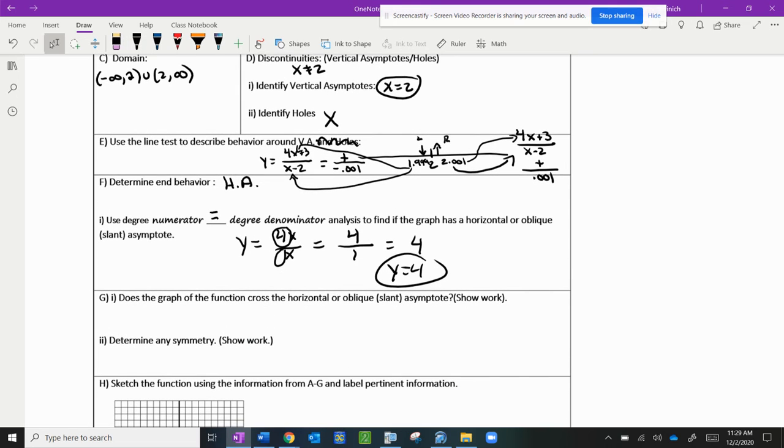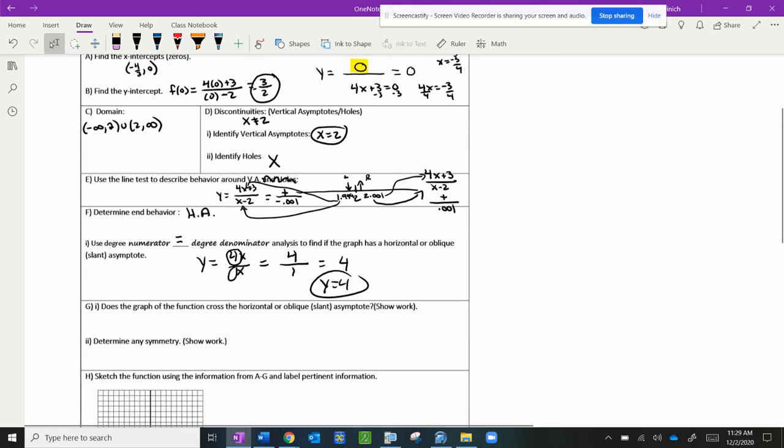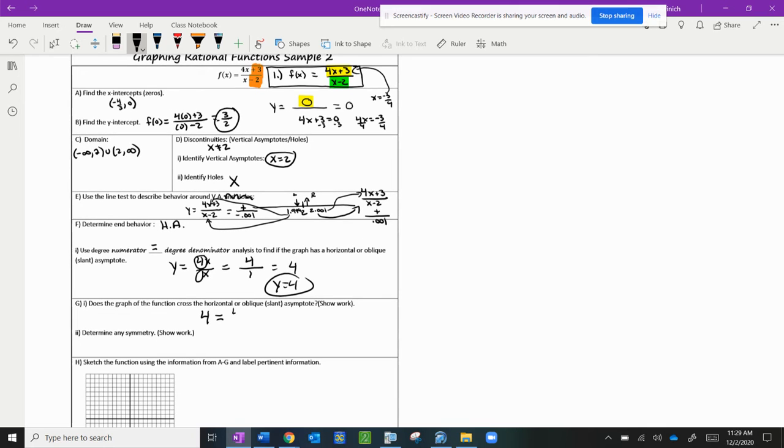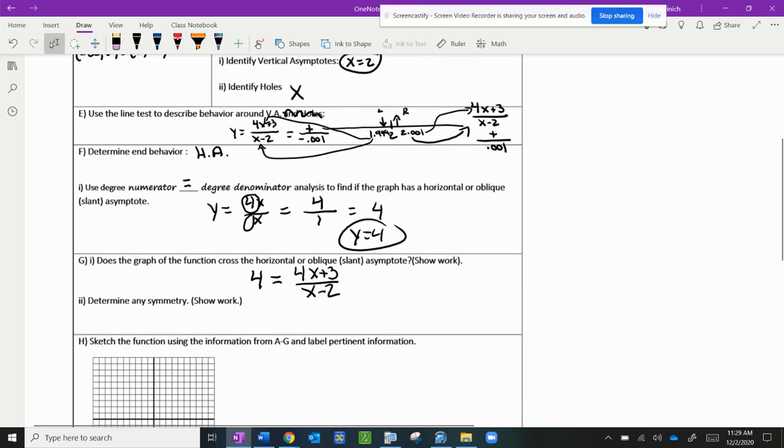And now I want to know, does the function cross the horizontal asymptote? To determine that, if the horizontal asymptote is at 4, I want to know, are there any x values that output the y value of 4? And if there are, then you know it crosses. So I'm going to write my reduced function, which this one didn't reduce, so it's just the original. Then I'm going to solve this equation and see, is there an x such that my y is 4? If so, that's going to be a point on the horizontal asymptote, so it would cross.